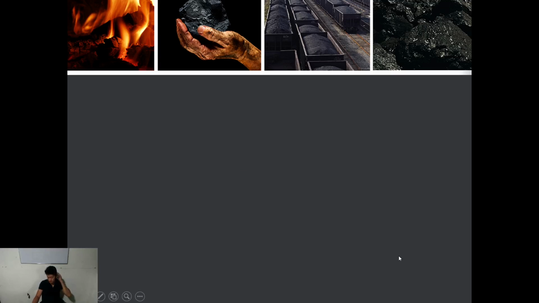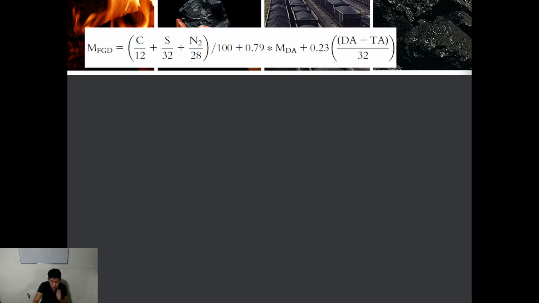And then for the next question, you need to get the value of this. This is the moles of flue gases. So you have C over 12, which gives the amount of carbon dioxide, sulfur dioxide, and N2. Okay?